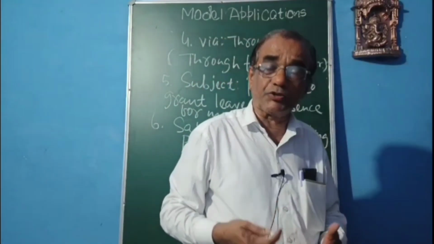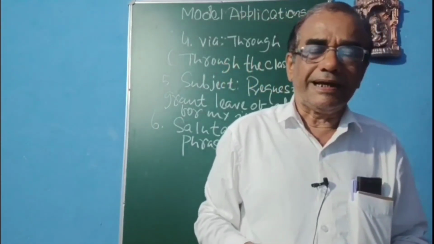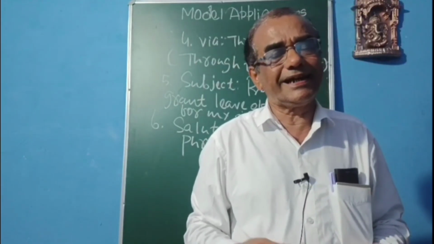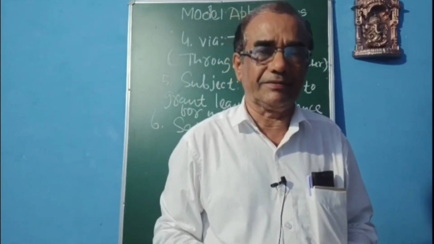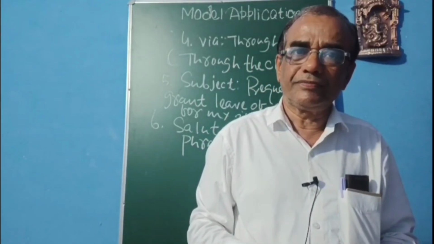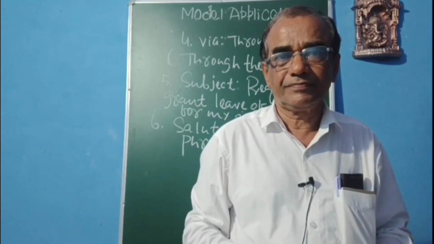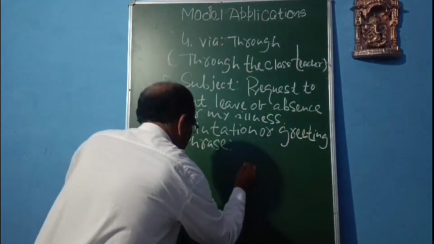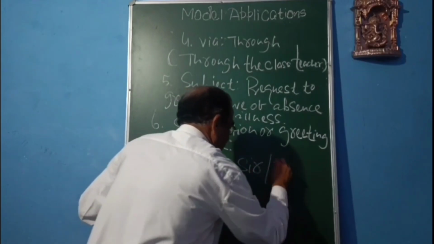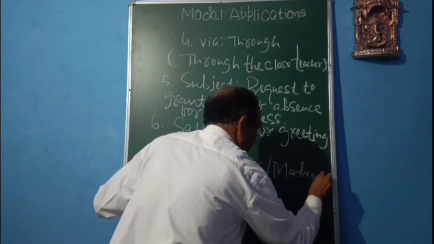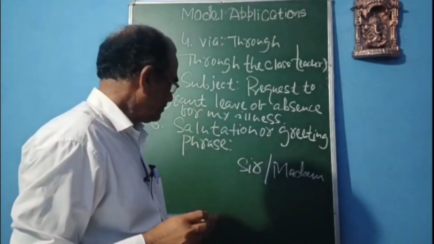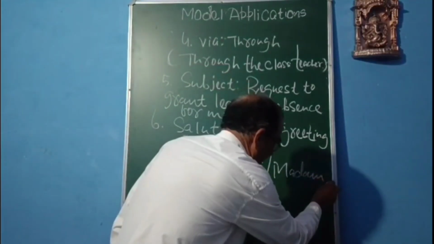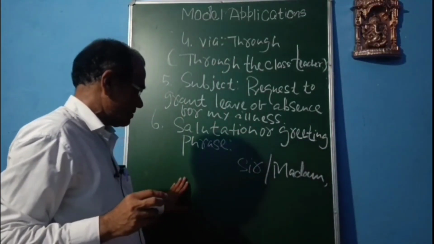Salutation or greeting phrase is to greet an authority of high rank, status or dignity with a respectable title of formality. For example, the honorable title of honor, sir or madam. Sir for male authority, madam for female authority. After writing sir or madam, you put a comma after the salutation phrase.